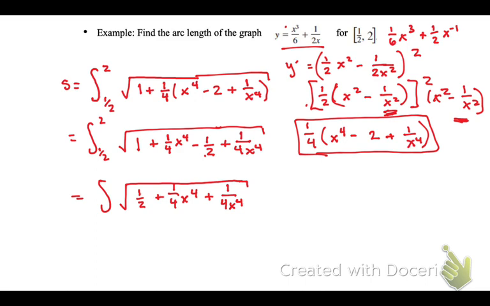So if I factor out a fourth, I would get 2, right? Plus x to the 4th plus 1/x to the 4th. Well, if I rearranged it, don't I have something similar to what I started with?